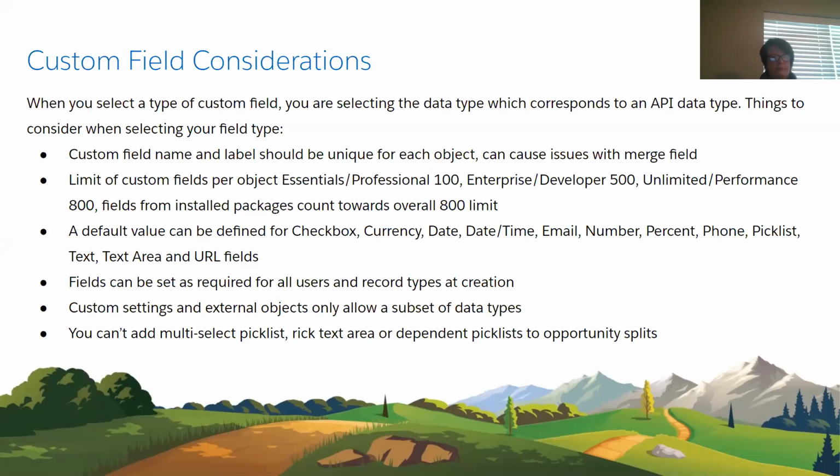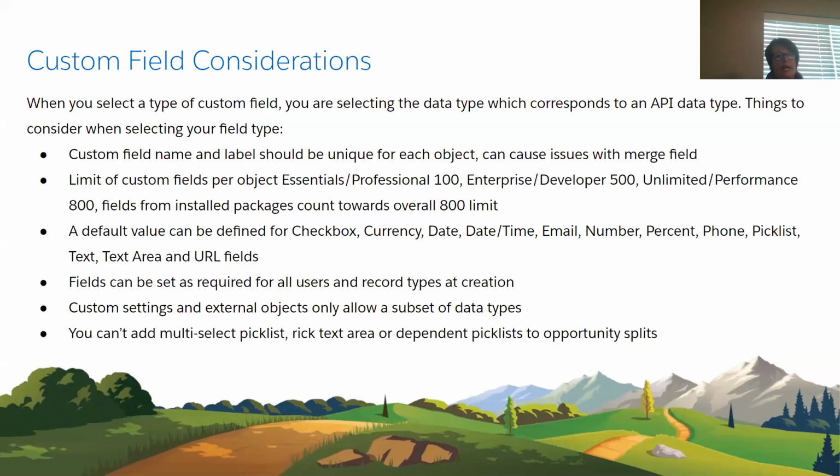In my experience, there's usually an exception where a certain group doesn't want to have to fill in the field, and so making it required up front is generally not ideal, and we have to add permission sets and permissioning on top of it to really make it work for the business. Custom settings and external objects also only allow a subset of certain data types, and we'll get into more of this in just a second.